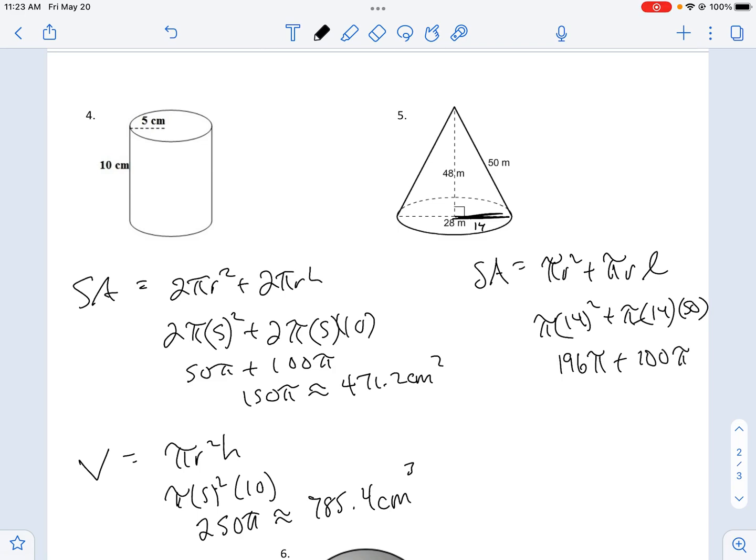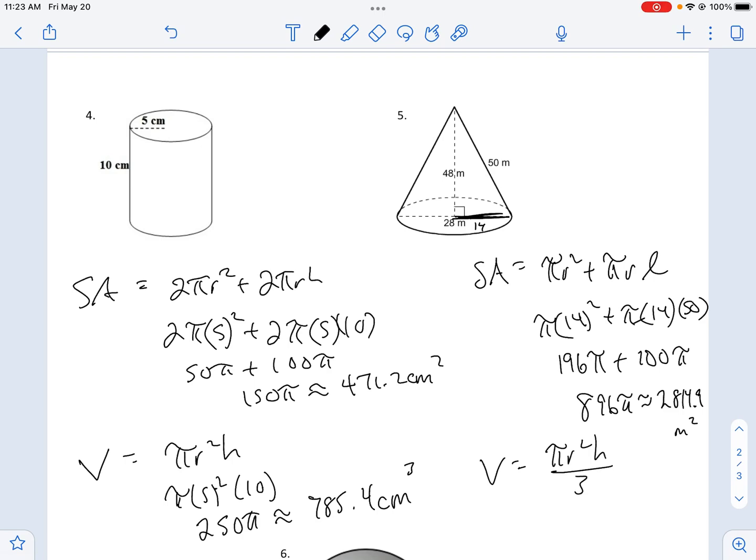Add those together, 896 pi, which is approximately 2,814.9. We multiplied two numbers, meters squared.